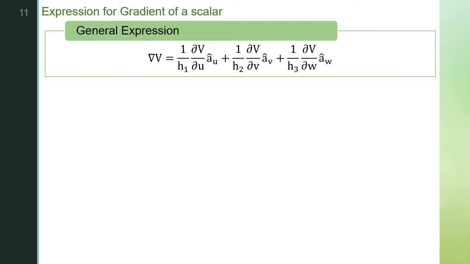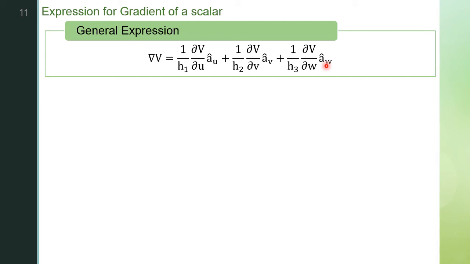Similarly, you can see the general expression for gradient of a scalar, which is given by 1 by h1 dou V by dou u au cap plus 1 by h2 dou V by dou v av cap plus 1 by h3 dou V by dou w aw cap. Corresponding to the coordinate system, you can substitute u, v, w and h1, h2, h3.